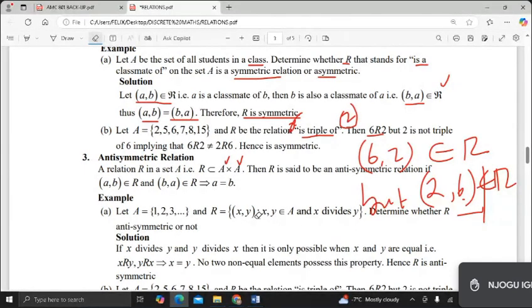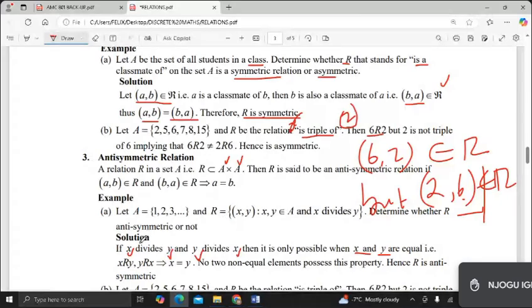Let A be the set 1, 2, 3 and so on, and let R be the set of ordered pairs of elements of A that are related by divides. We say X divides Y. You're asked to determine whether R is antisymmetric or not. If X divides Y and Y divides X, when is this possible?